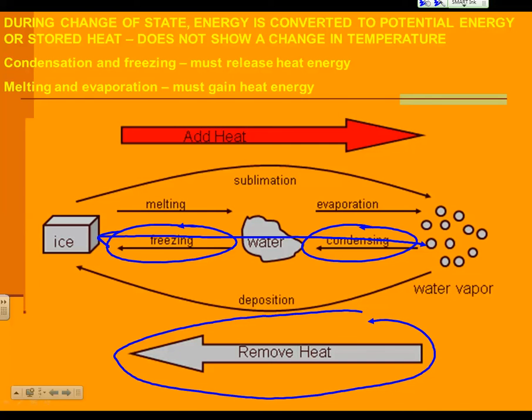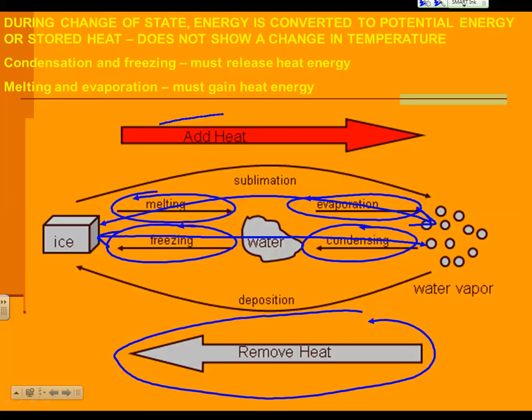And melting and evaporation must gain heat energy. So melting and evaporating are phase changes that require the addition of heat to go from left to right. And that's what this arrow shows. So it just depends on which way you're going. You either have to remove heat to go left or add heat to go right. And nature does this every day.